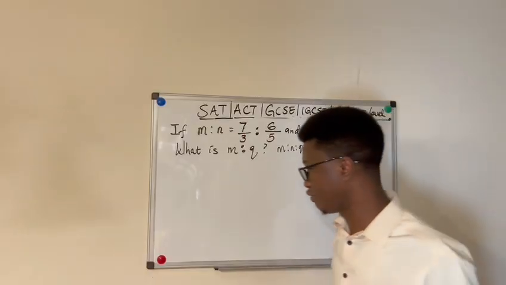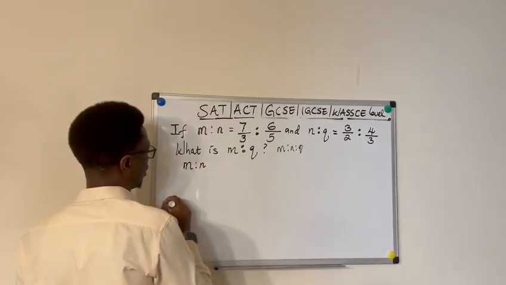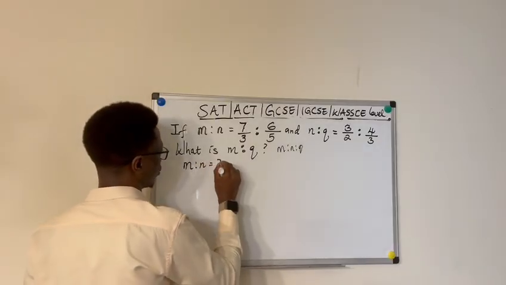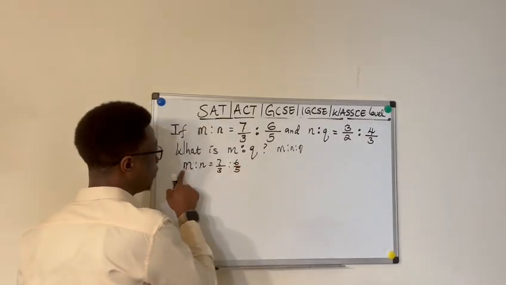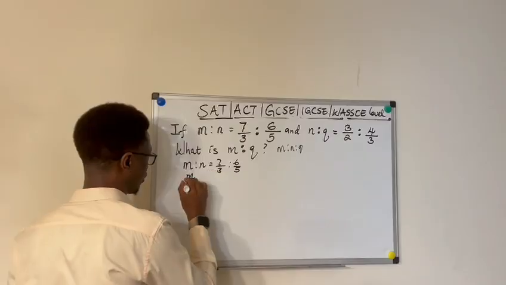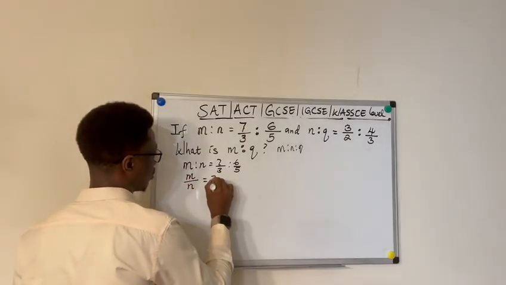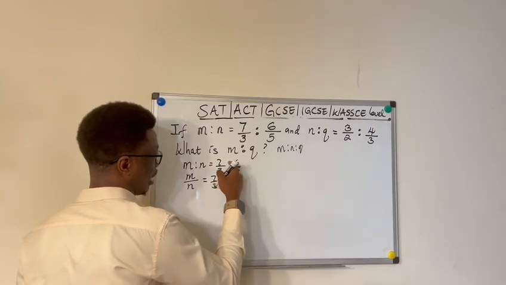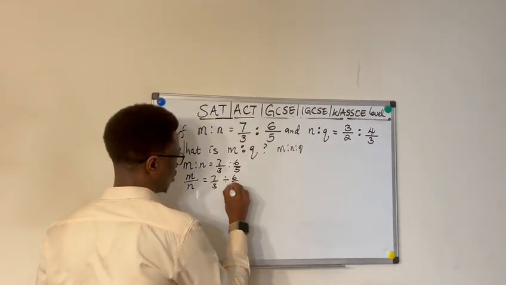Let's start with this first one. It says m is to n is equal to 7/3 is to 6/5. Now m is to n in terms of ratio can also be written, in terms of fraction, as m/n. So this becomes 7/3, and this means division, 6/5.